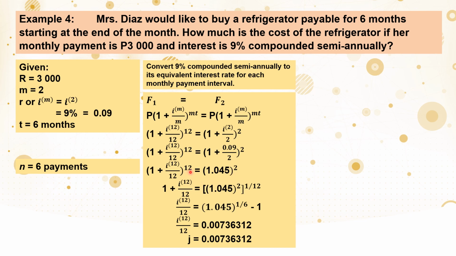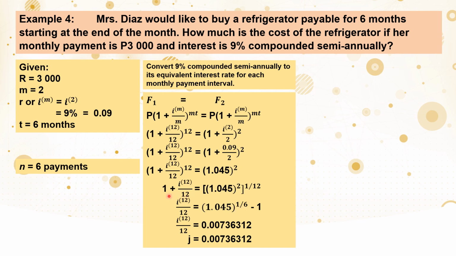Next is, kailangan mawala yung ating exponent na 12 dito sa left side. So, para mawala yung exponent na 12, ilipat natin siya sa right side. So, pag nilipat natin yung 12 sa right side, you get the reciprocal. At ang reciprocal ng 12 is 1 over 12. Now, simplifying this, unahin natin yung exponents. 2 times 1 over 12 is equal to 1 over 6.